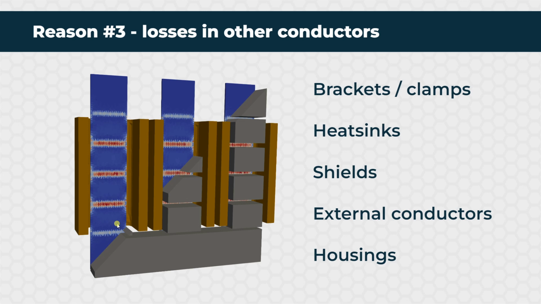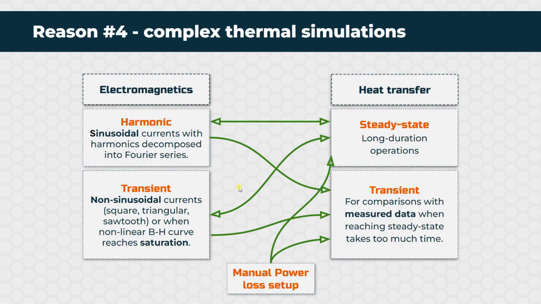Those losses could be comparable to the winding losses in your overall component. So if you make some mistakes in your component, they could be very costly. FEM could help you sometimes to eliminate them.